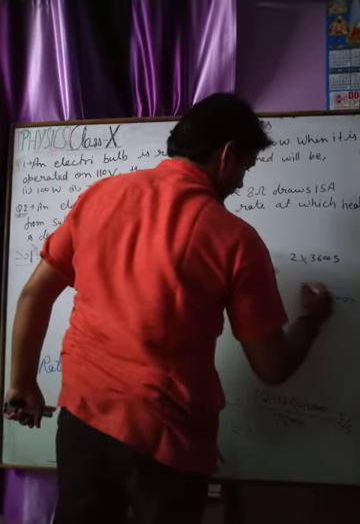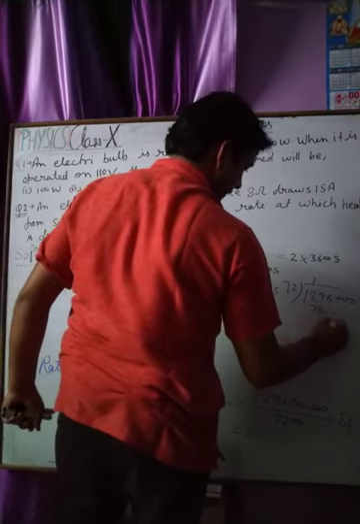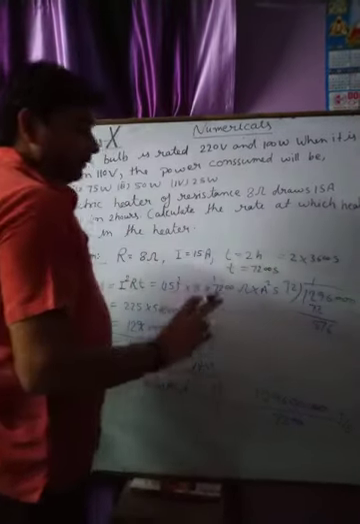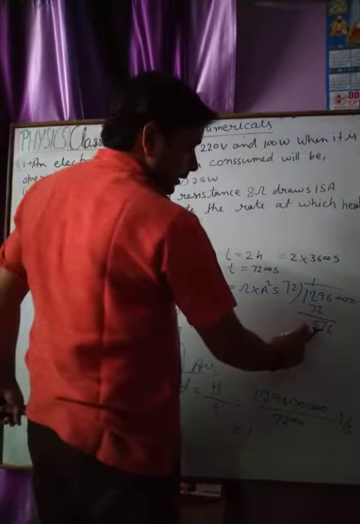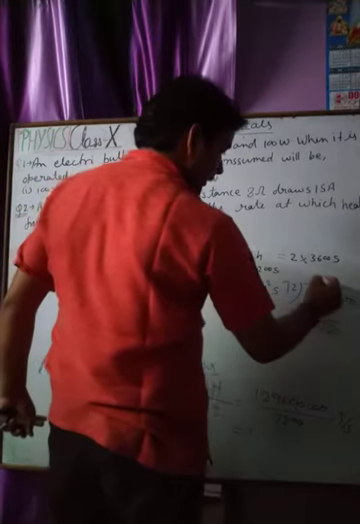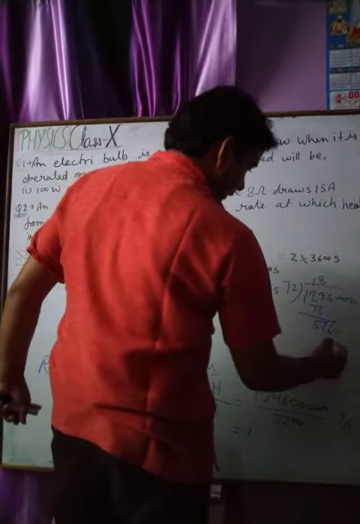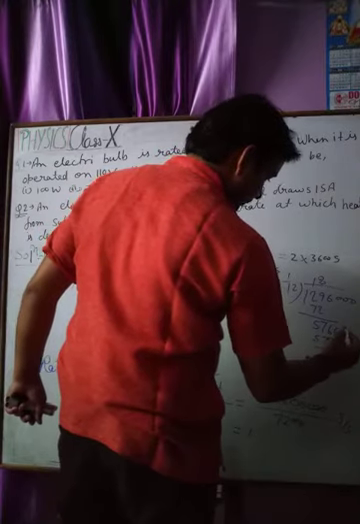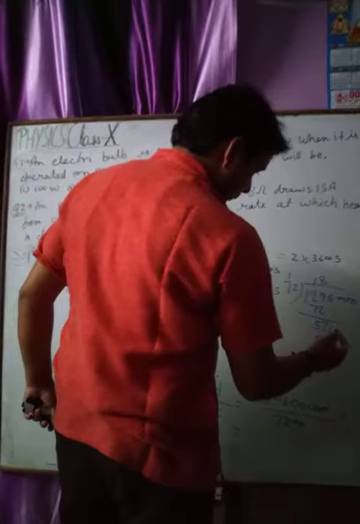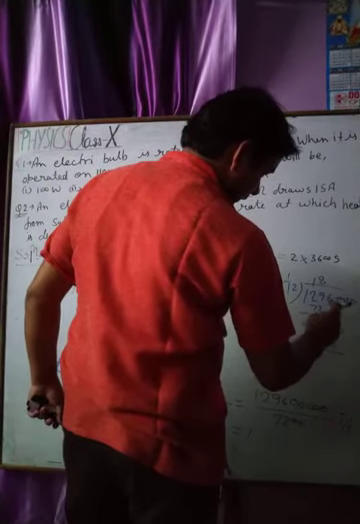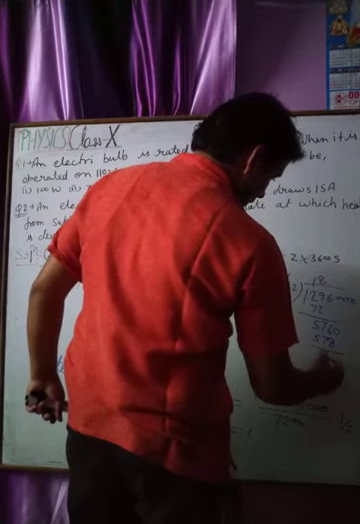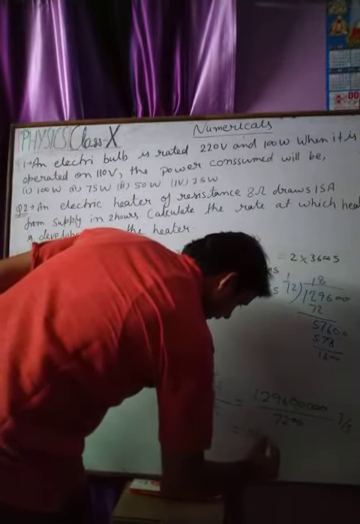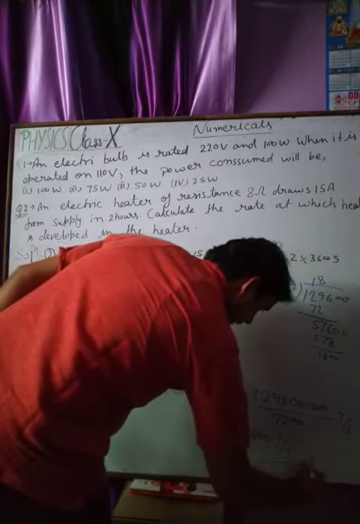12960000 divided by 72: one time it is 72, and so on. 8 times 72 is 576, and we get the result 1800. So the rate of heat developed in the wire is 1800 joule per second.